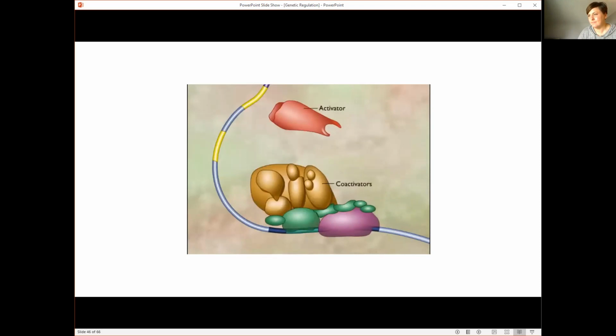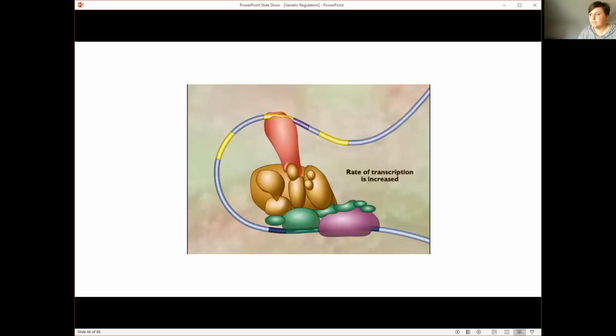Activators are regulatory proteins that bind to sequences on DNA called enhancers. Enhancers are located at sites that are distant from the promoter. The interaction of activator proteins with transcription factor subunits increases the rate of transcription. Many enhancers scattered around the chromosome can bind different activators, which provide a variety of responses to various signals.